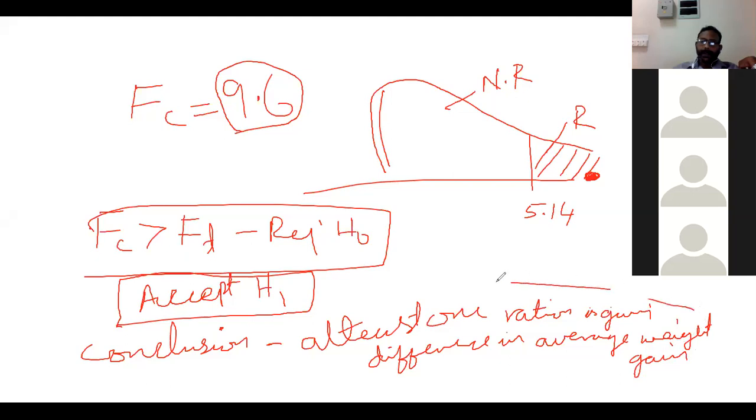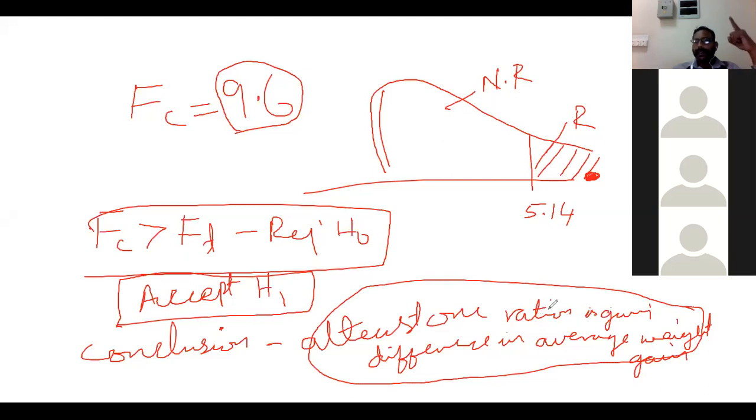So this is more important. Now, because we said at least one ration is showing a difference in weight gain, the next question comes: which ration? Somebody can ask which ration, isn't it? One might ask which ration is giving the difference in weight gain.